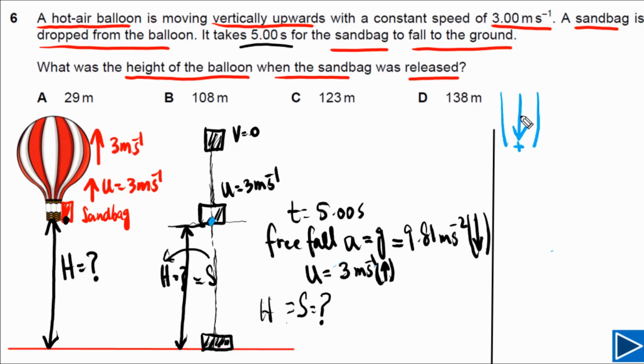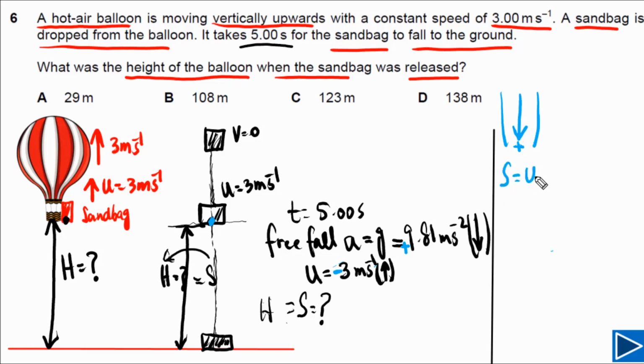In this case we are assuming that the downward direction is positive. As downward is positive, the acceleration is positive, and the initial velocity is negative because its direction is vertically upwards. Now we simply need to plug in these values and we can find our final answer.